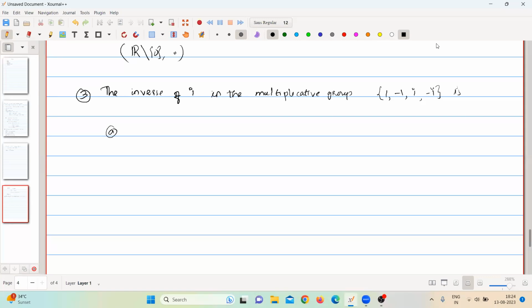The options are obviously the four options given here: A, 1; B, -1; C, i; and D, -i. So the group is given as {1, -1, i, -i}, and the group G star is equal to the set {1, -1, i, -i} with the operation multiplication.